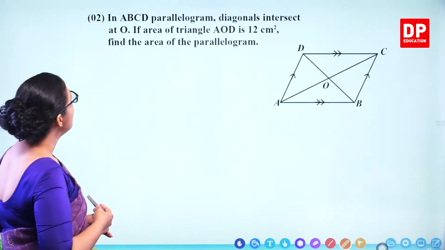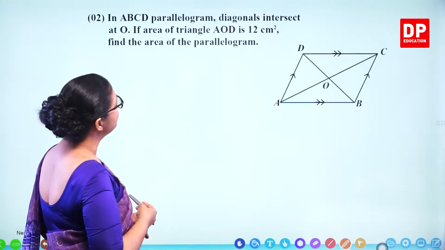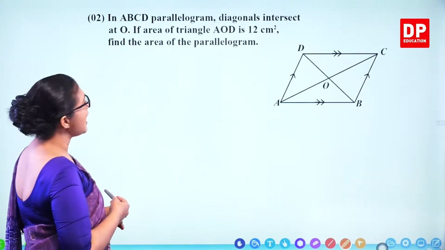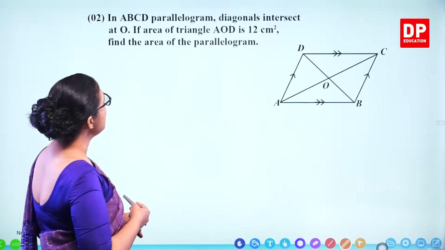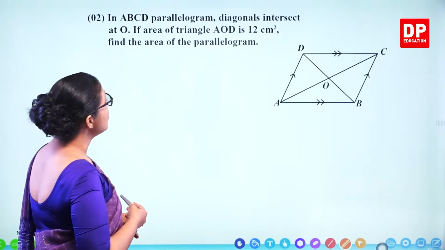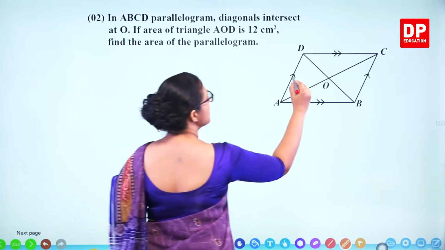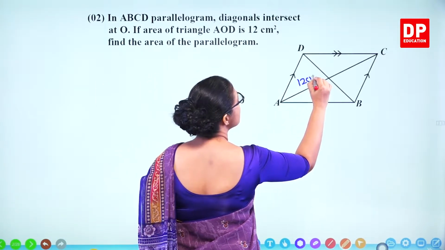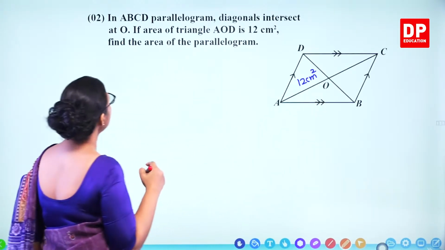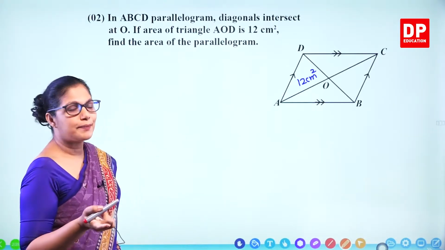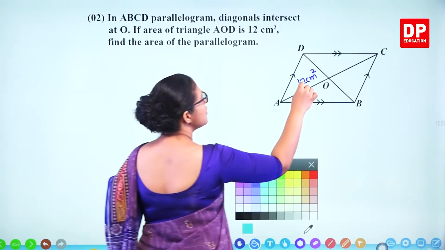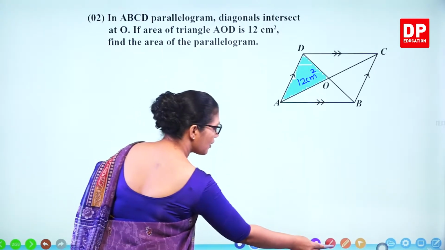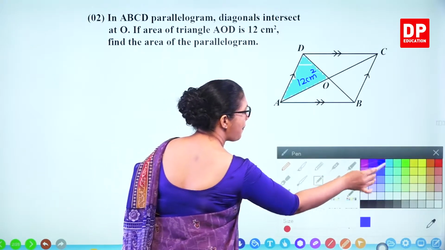Question number 2. In parallelogram ABCD, the diagonals intersect at O. If the area of triangle AOD is equal to 12 square centimeters, find the area of the parallelogram. Look carefully. How do you find the area?